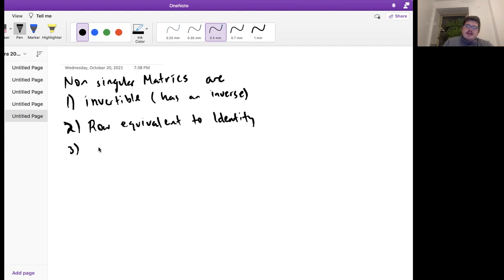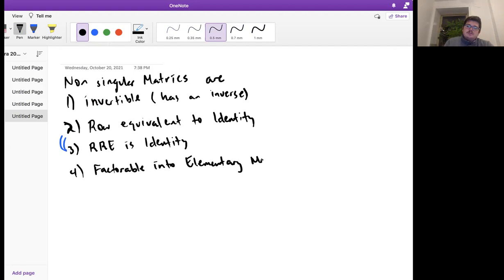The third thing we can say is the reduced row echelon form is identity. These are the same statement. And the last thing that we just said was that they're factorable into elementary matrices. Okay, so any questions on that? And everyone see why this is true?